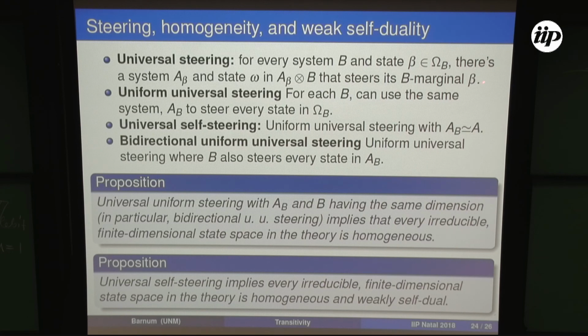And when I say steers, I mean you can get to any ensemble. And then we say there's uniform universal steering in a theory if we can always use the same system to steer every state in B. So this is A sub B. It depends on B, but it steers every state in B.